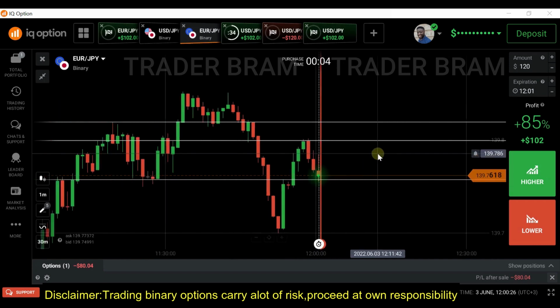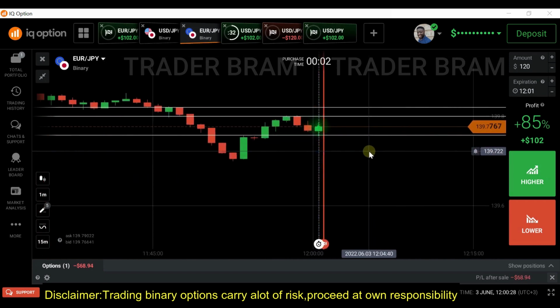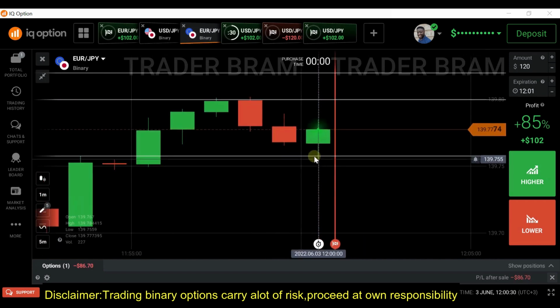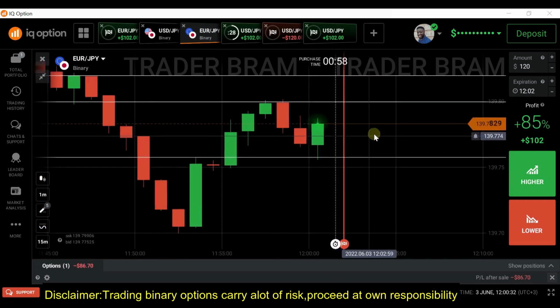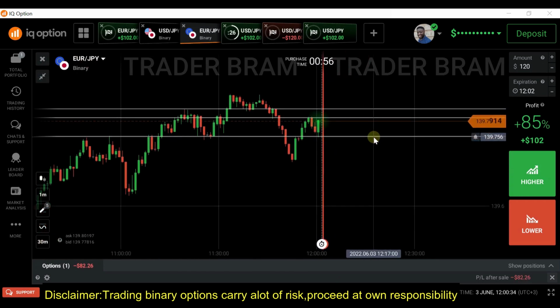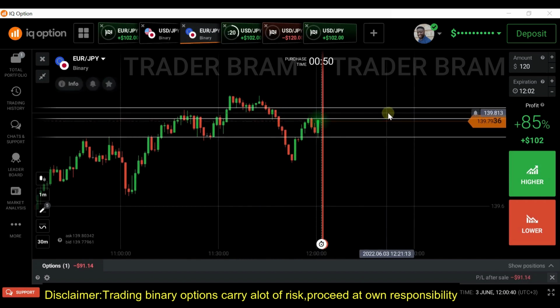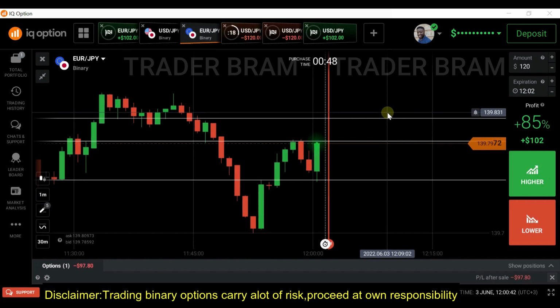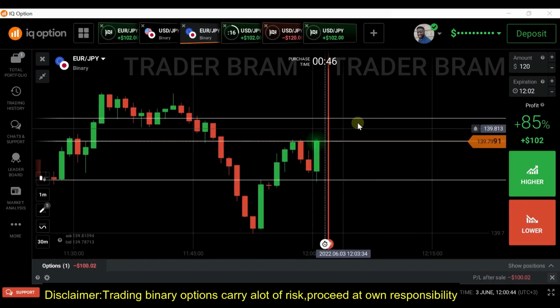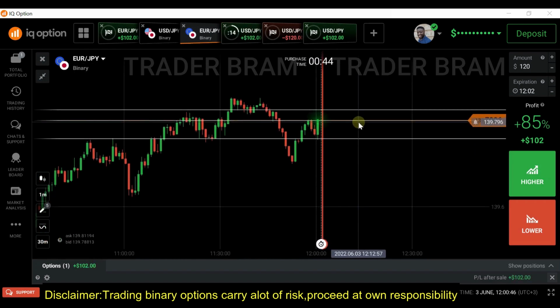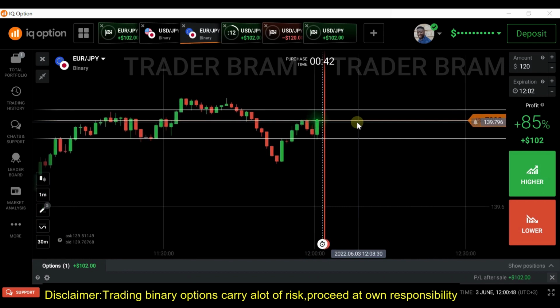Here now we can see a strong sellers' movement. Again, a rejection from our level of support and resistance. Very strong bullish movement in that candle.